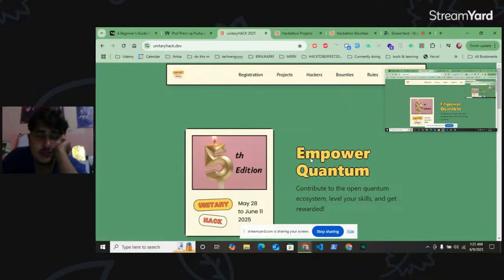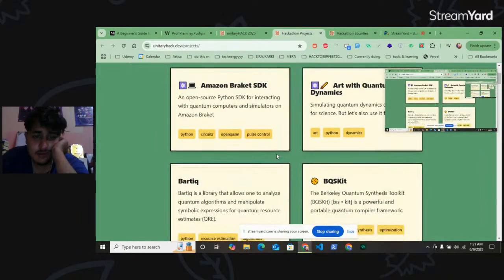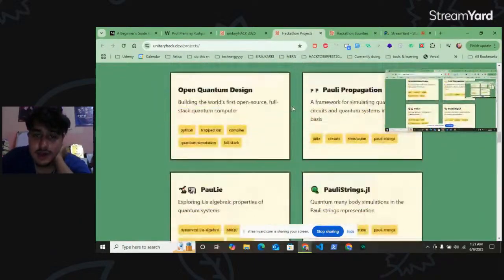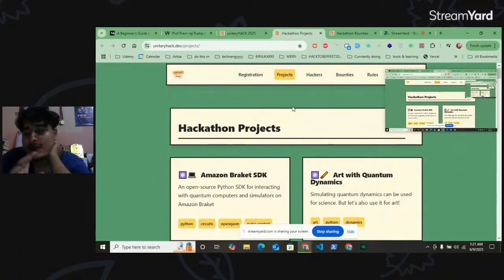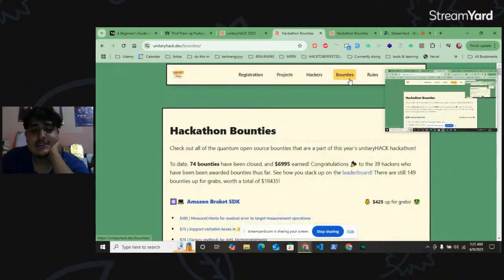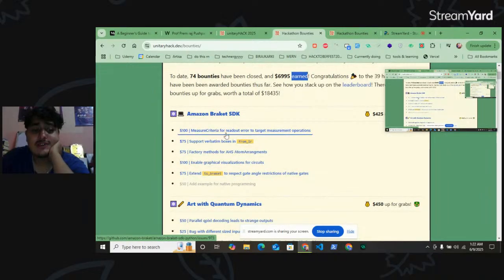Bro, this Unitary Hack I was going to do, but I was not able to complete that. But I will be learning this for this year, for the full year. Because, bro, if you guys like quantum and had done an open source project on this repo, you would have earned money by now. If you have just completed some of these issues in the repo, you can see $100.